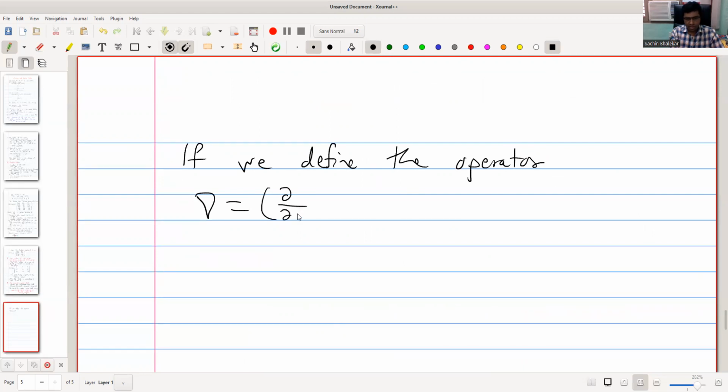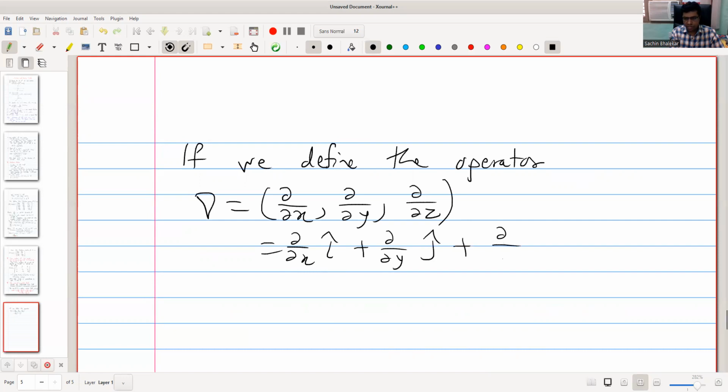The first component is partial derivative with respect to x, the second one is with respect to y, and the third one is with respect to z. Or we may write this as partial with respect to x i hat plus partial with respect to y j hat and partial with respect to z k hat. Okay, so this will operate on some field.